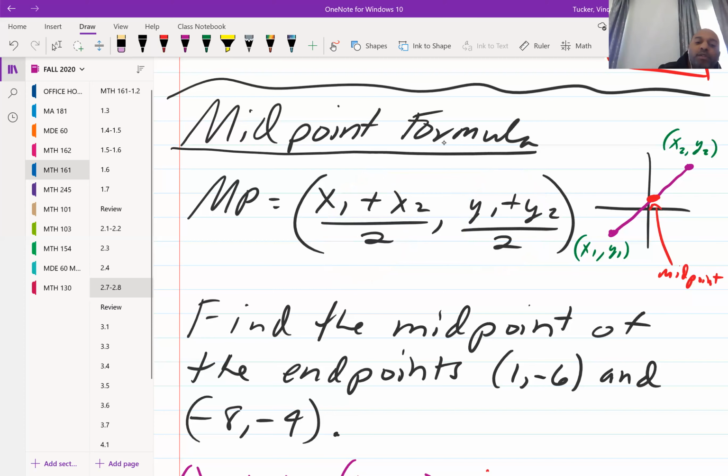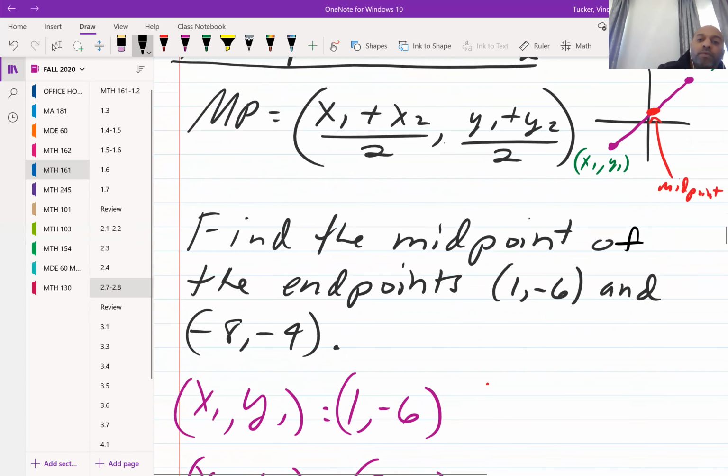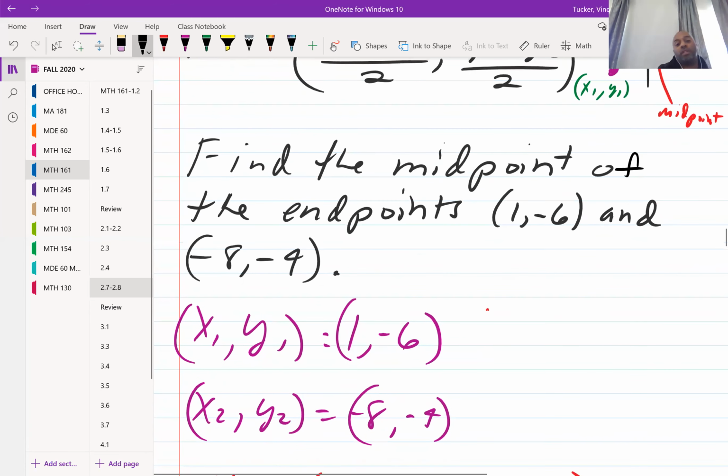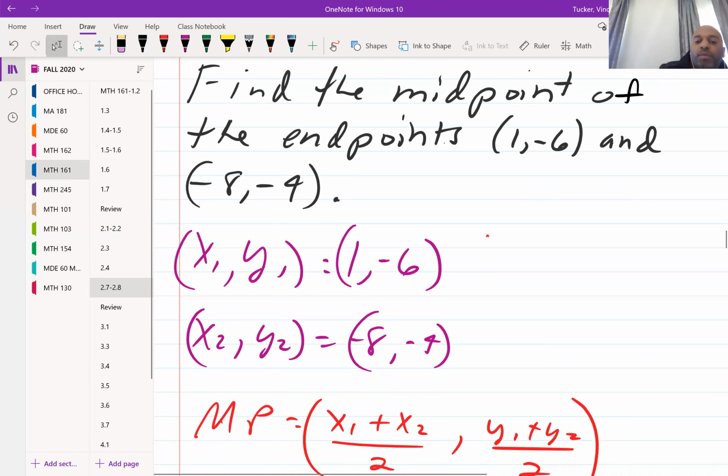All right, we want to find the midpoint of 1, -6 and -8, -4. So I labeled the first point I saw x1, y1, 1, -6, then x2, y2, -8, -4. Then from there, you just go ahead and plug in.